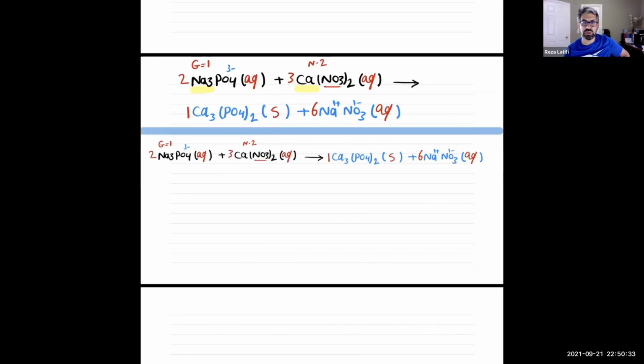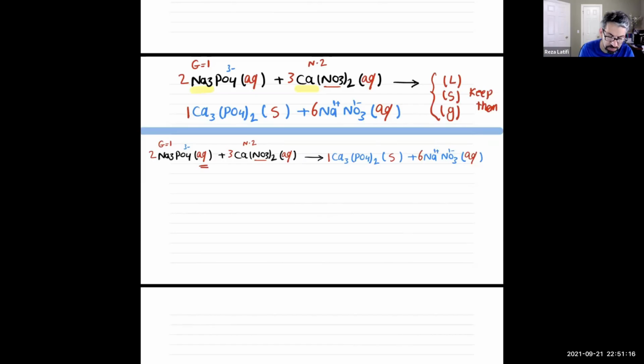I got the reaction balanced, and I wrote the state of each compound. Now I will break each compound into ion form, and I will stay away from any compound that has L, S, or G as a state. For those three, I'm going to keep them and not touch them. The rest, just break them down into ions. Any compound that is aqueous, break it down.